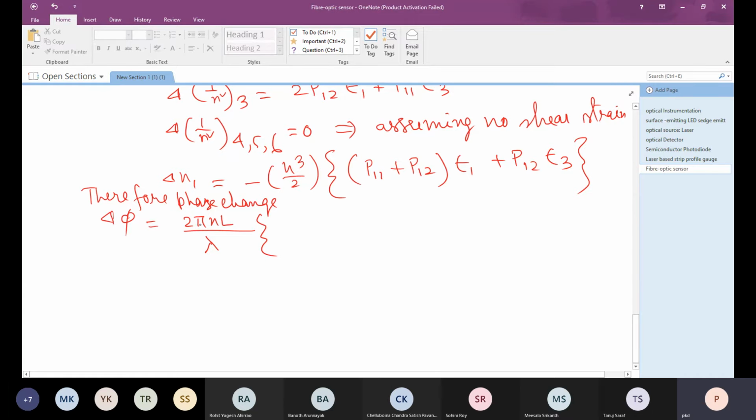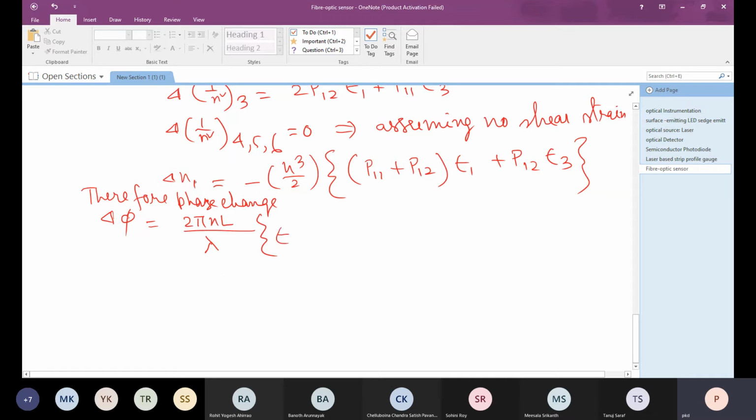So for lambda, it is twice pi. Capital L is the length. So nL will introduce this phase.